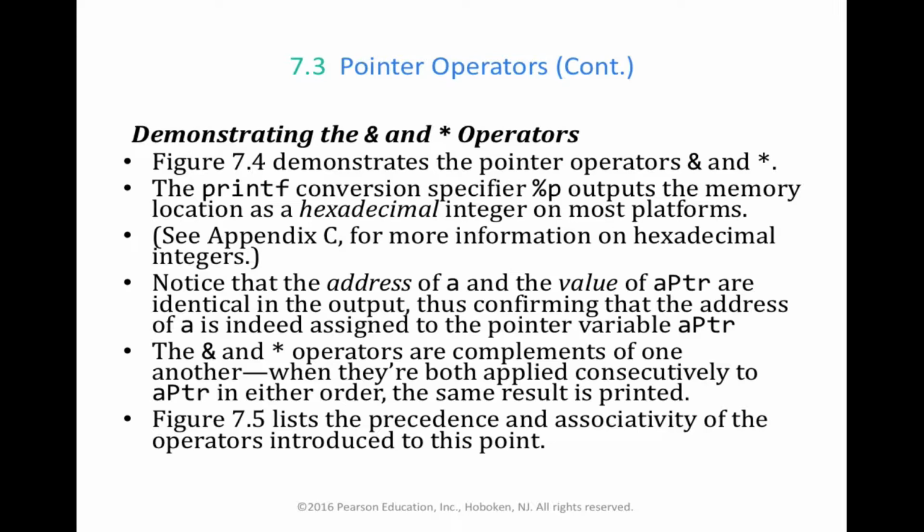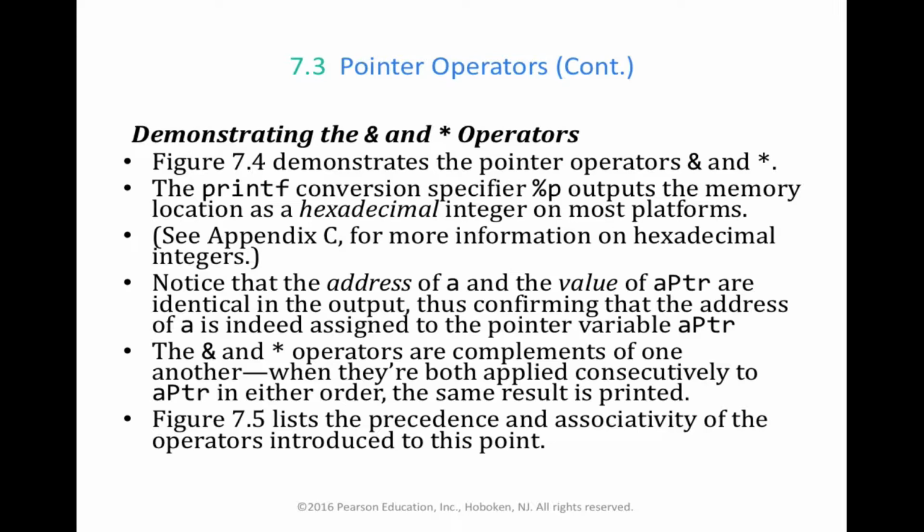You'll notice that the address of a and the address of aPtr are going to be identical in the output, confirming that the address of a is indeed assigned to the pointer aPtr. The address of operator and the dereference operator complement one another. When they're both applied consecutively to aPtr in either order, the same result is printed.